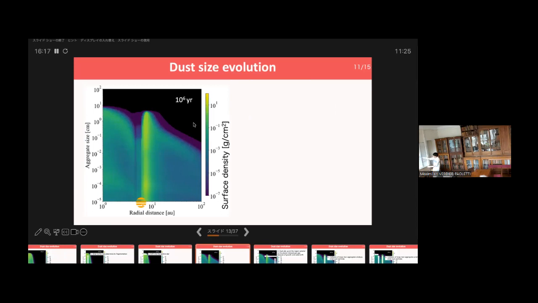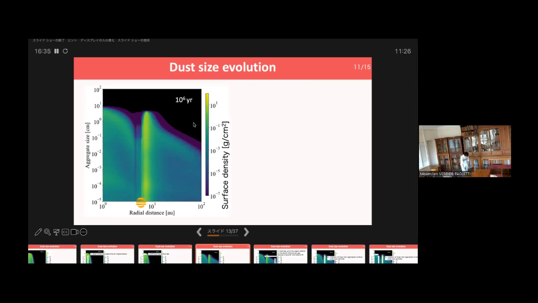At this time, all dust particles grow up to the size determined by fragmentation or other mechanisms. In this picture, you can see this colored region, which shows the dust aggregate pattern.